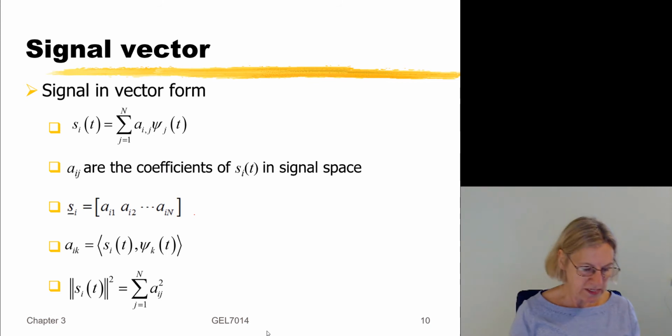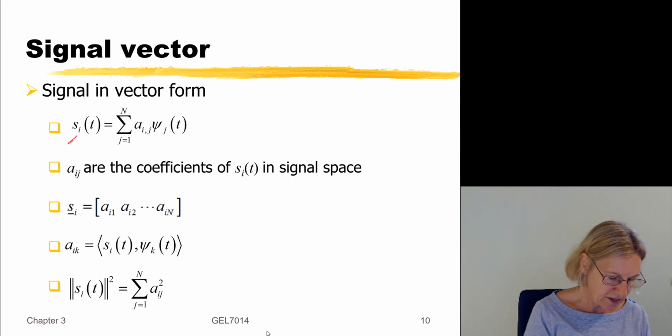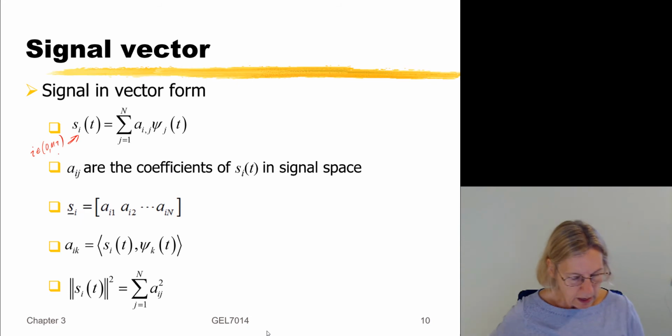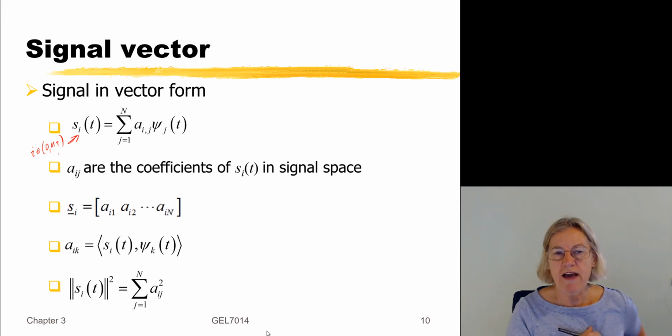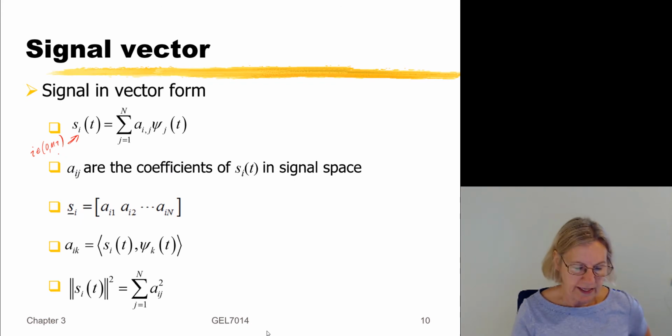In fact, there's m signals, so i is one of m, so i is some element between 0 and m minus 1, I suppose. And when I say that I can represent this as a vector, that means that it becomes a linear combination of basis vectors.